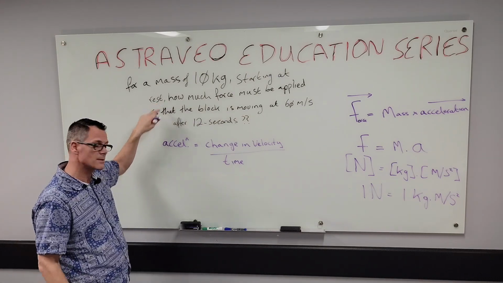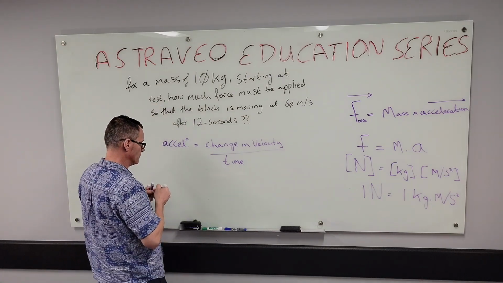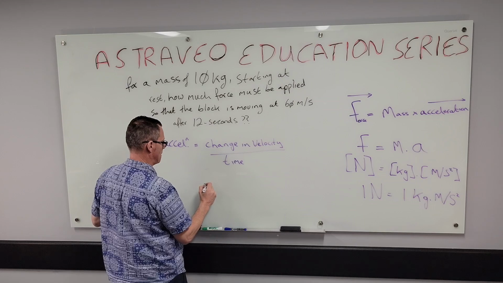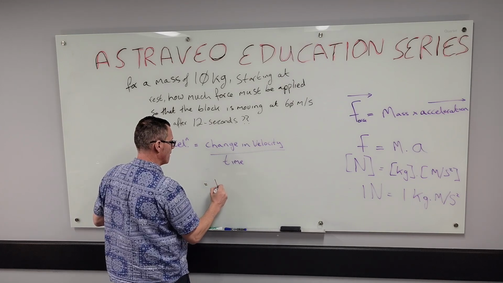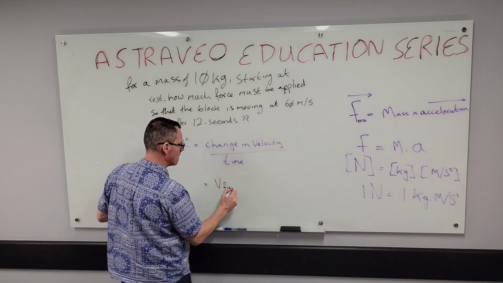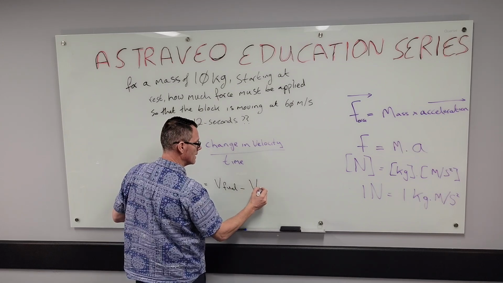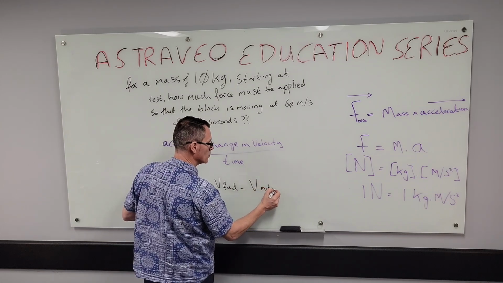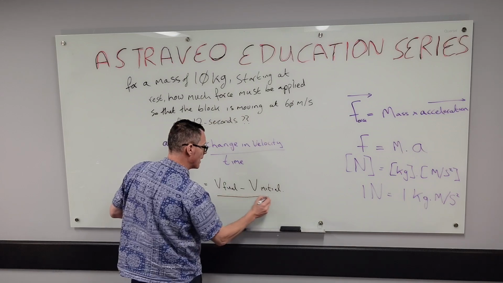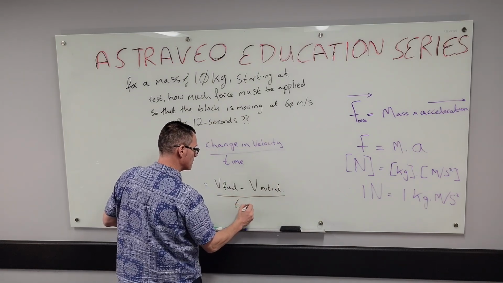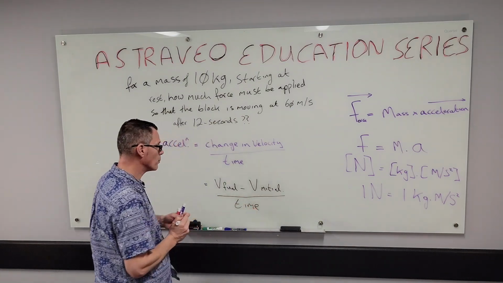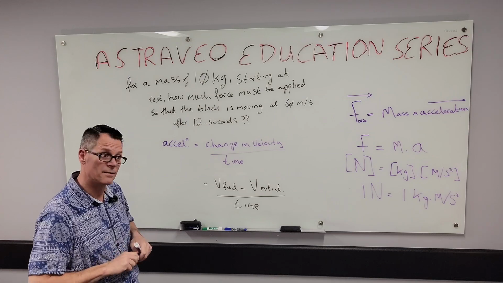It's at rest. So the acceleration is v final minus v initial, divided by the time. Now we have all those numbers, so we can work out the acceleration.